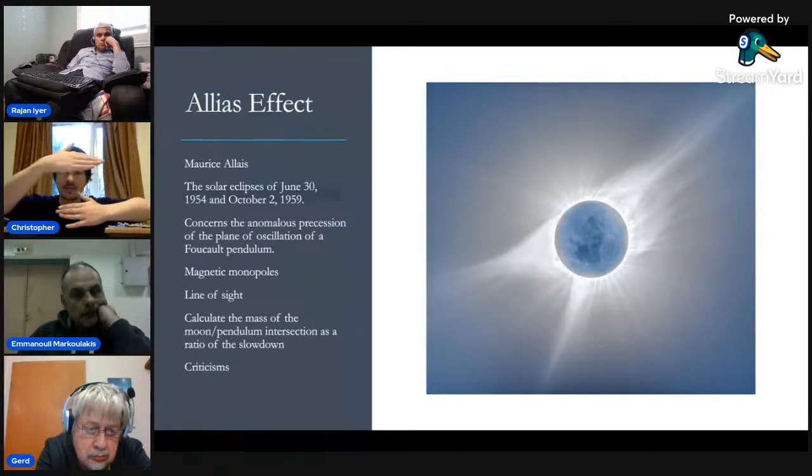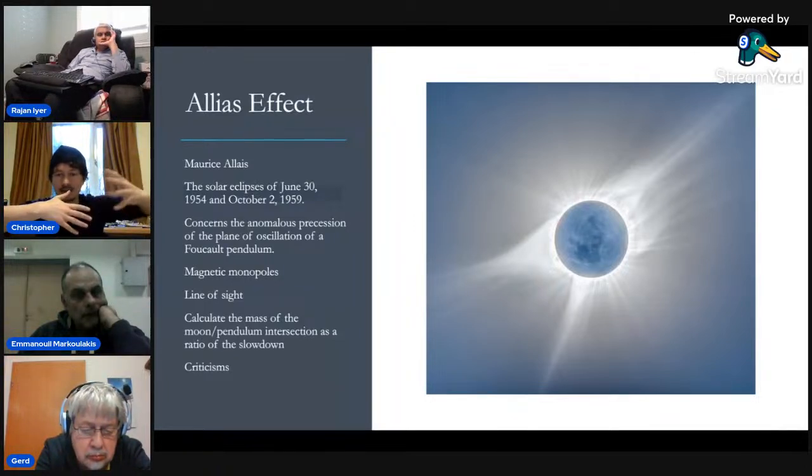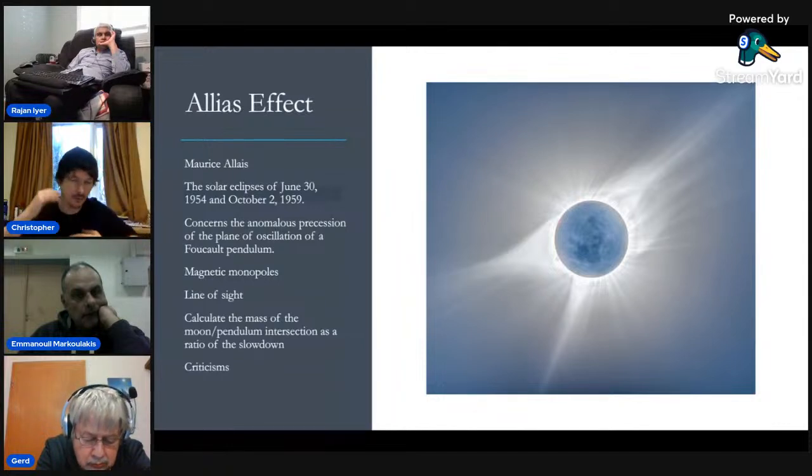Then if we have the moon coming in and blocking it, these torsion lines have to go through both the sun and the moon. So I'm suggesting this might be a possible explanation for the Allais effect, which was discovered by Maurice Allais.